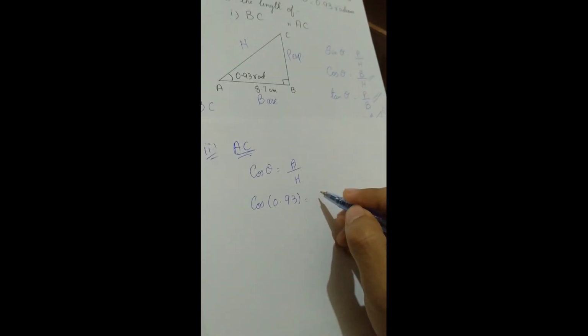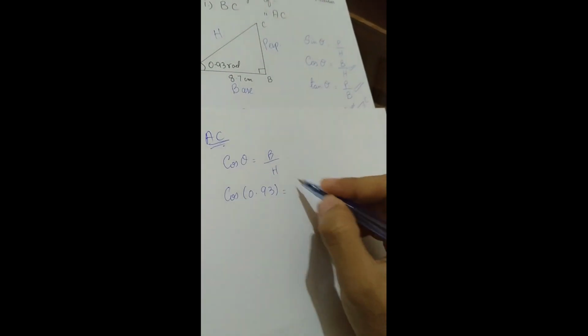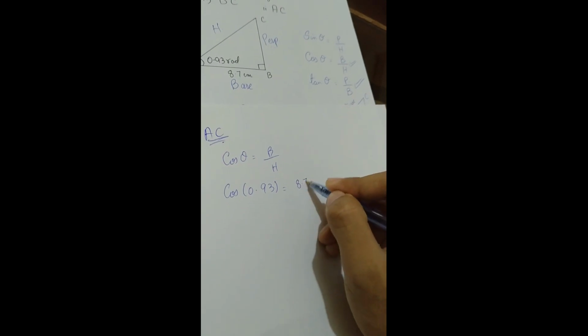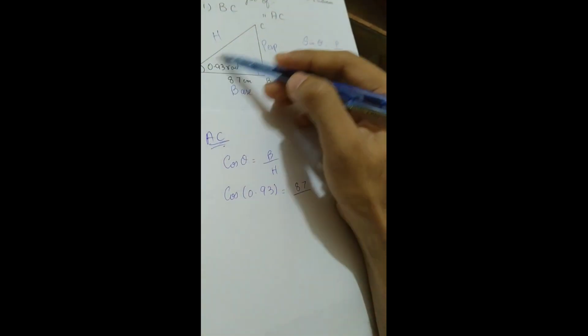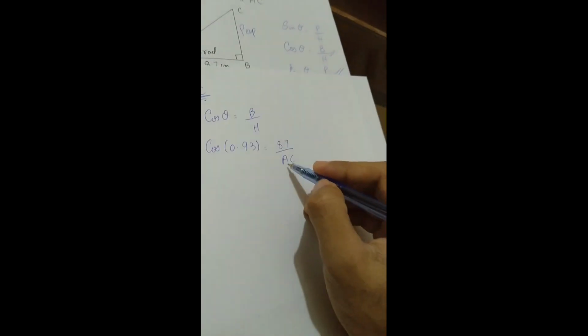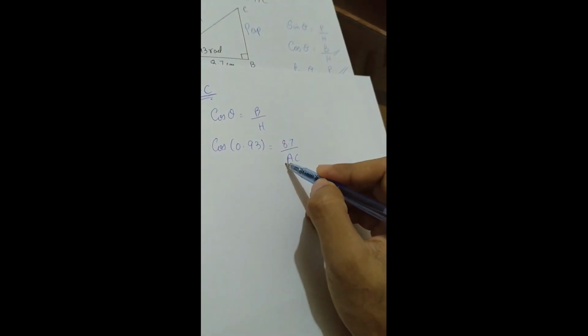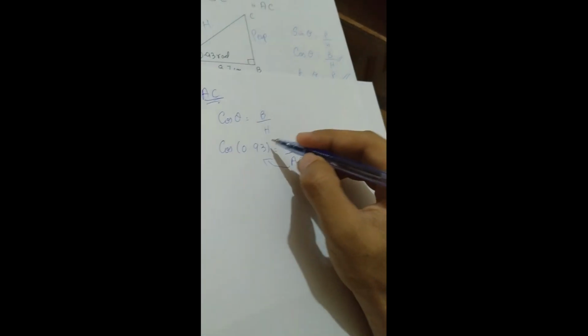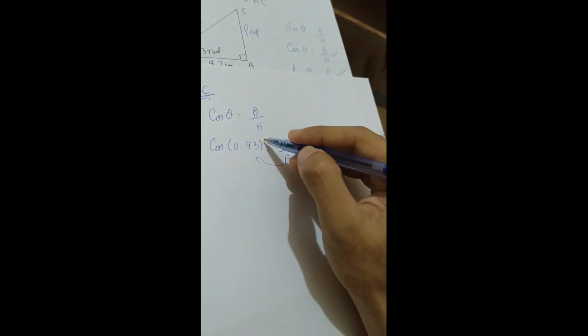Base, as we know, is 8.7 here, so I will simply write base 8.7 here. Hypotenuse we have to find, so I will simply write the segment name AC. Now I have to find AC, so AC will be transferred to that side, and this cos 0.93 will be divided here. Their sides will be exchanged with one another.